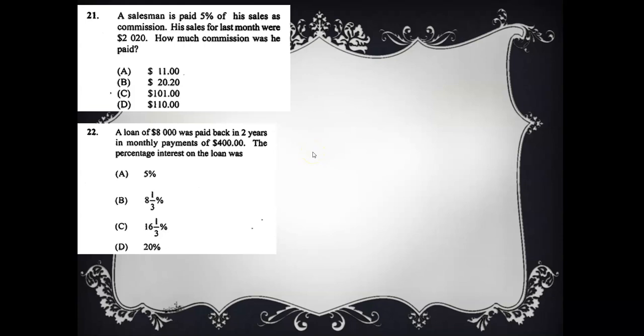Question 21. A salesman is paid 5% of his sales as commission. His sales for last month were $2,020. How much commission was he paid? So, again, this is another percentage question that we can work out without much calculation.